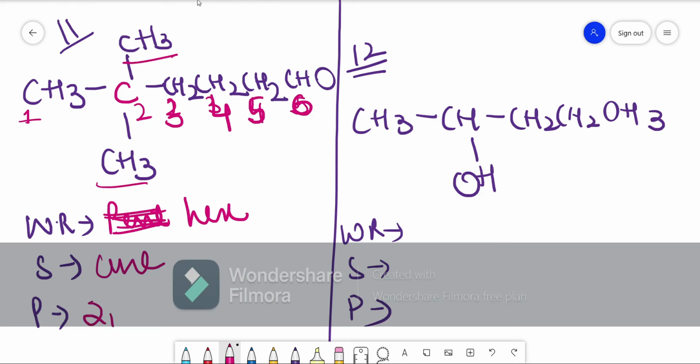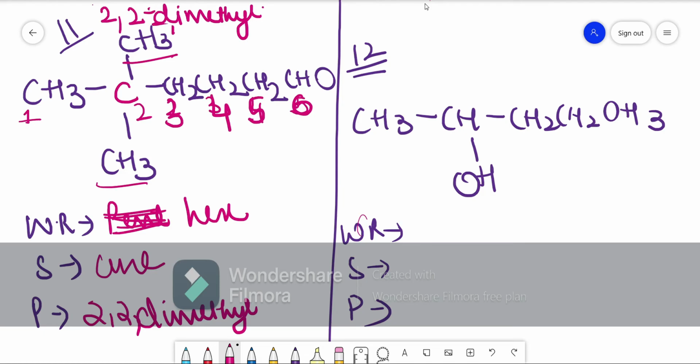So 2, 2, di. Wait, I'll erase this thing. Sorry for this. It would be 2,2-dimethylhexane.